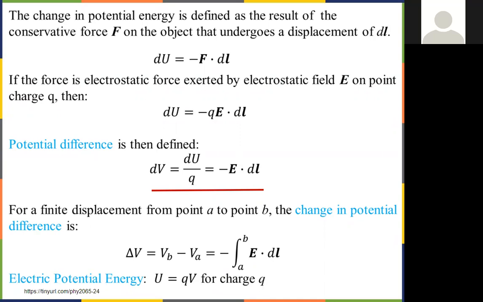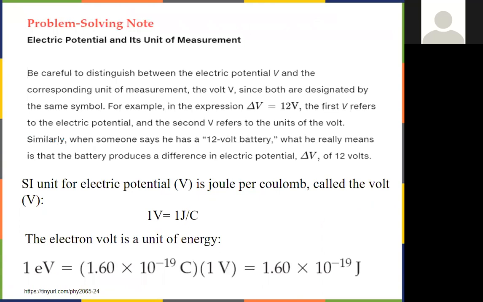All right, so I think we kind of threw in both the electric potential and the electric potential energy. V stands for electric potential and U stands for electric potential energy. The SI unit for electric potential is volts.